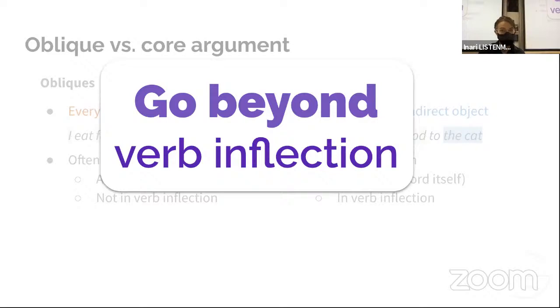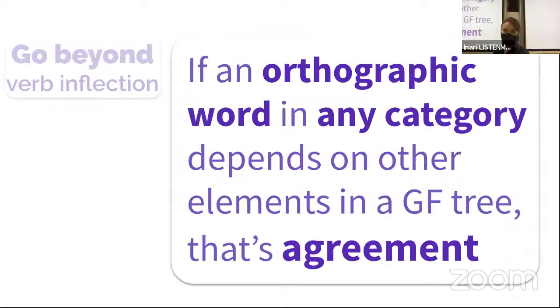Why should agreement be only about verbs? So I'm going to define this extremely ad hoc, GF-specific definition: if an orthographic word in any category depends on other elements in the GF tree, I will call that agreement as well.